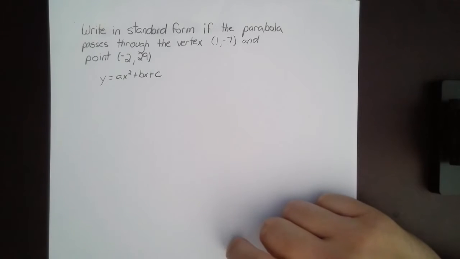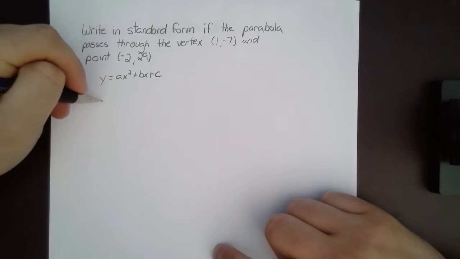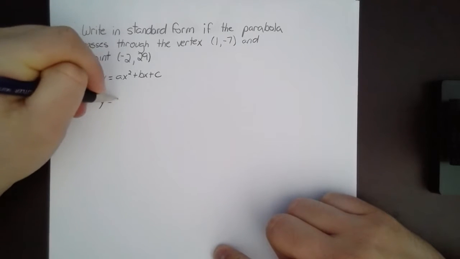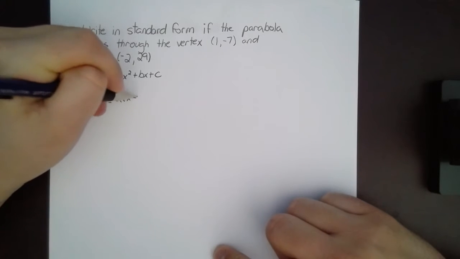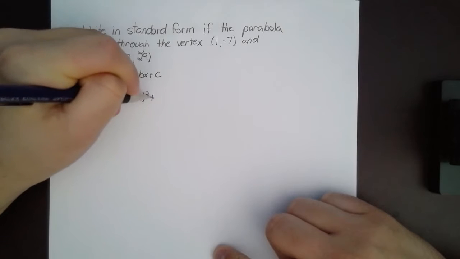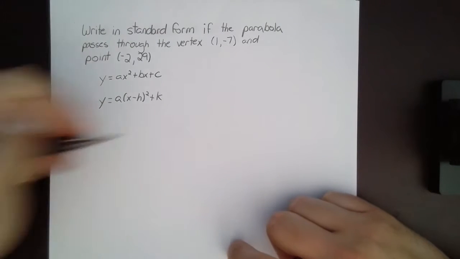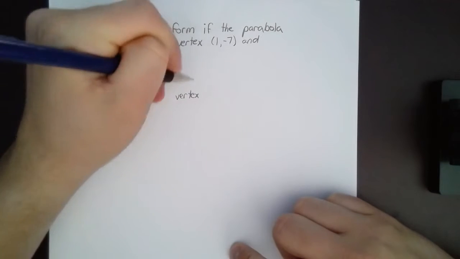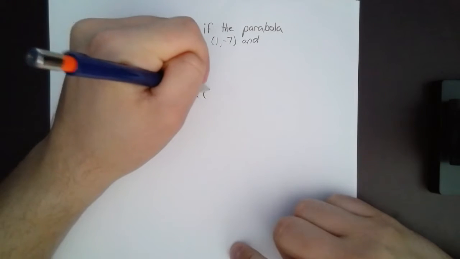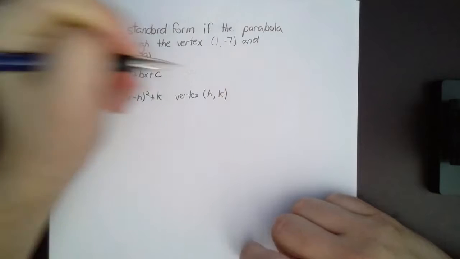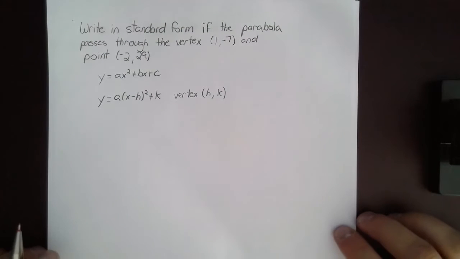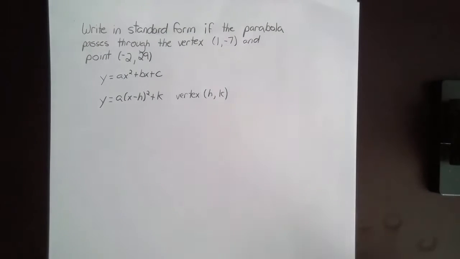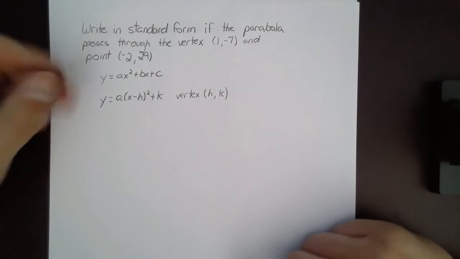So the thing that comes to mind should be vertex form, which is y equals a(x minus h) squared plus k, where the vertex is the point (h, k). Okay, so because we know the vertex from the question, we can easily substitute that point into the vertex form equation.